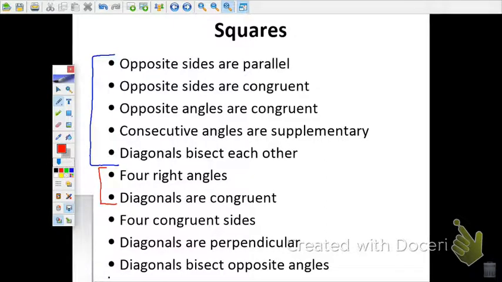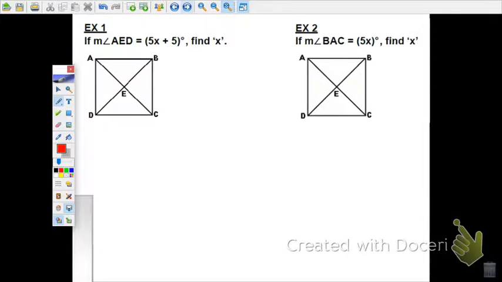So a square is a rectangle, which I think many of you have been told before. And it's just a special kind of rectangle. These last 3 properties are those properties of a rhombus. So a square is a rectangle because it has those properties. It is also a rhombus because it has those properties of a rhombus. So lots of different properties to think about when we are talking about squares.